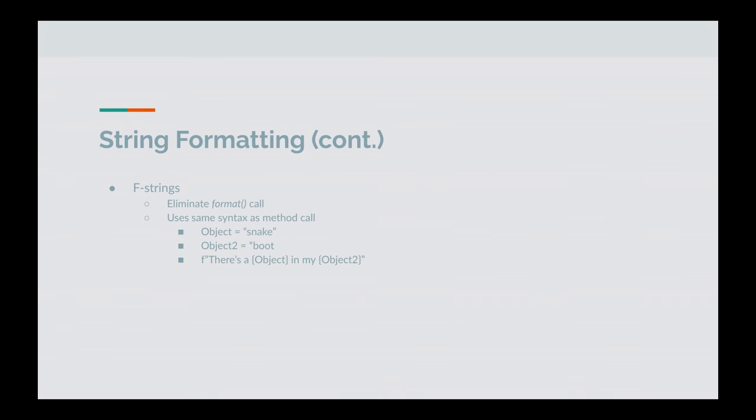So now we're going to talk about what's probably the coolest string formatting method that Python provides, and this is called f-strings. This eliminates the use of the format call completely, and you end up just using an f at the start of the string that's going to be printed out, and then you use the curly braces like you normally would, but you don't have to worry about providing the dot format and all of the arguments.